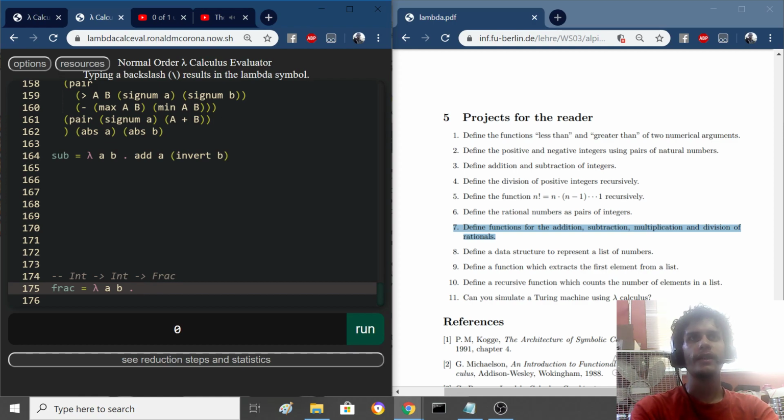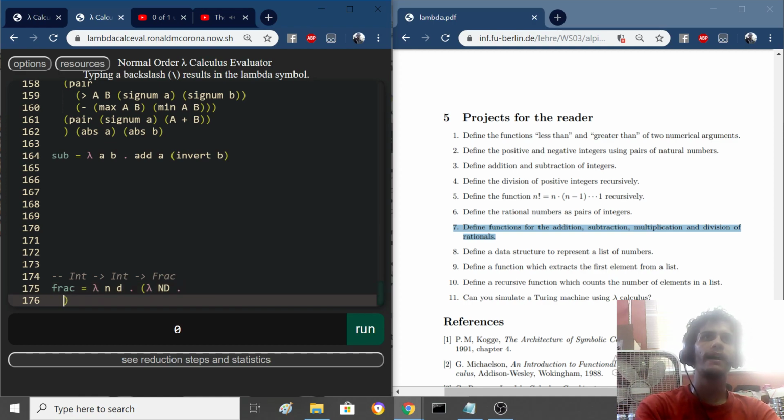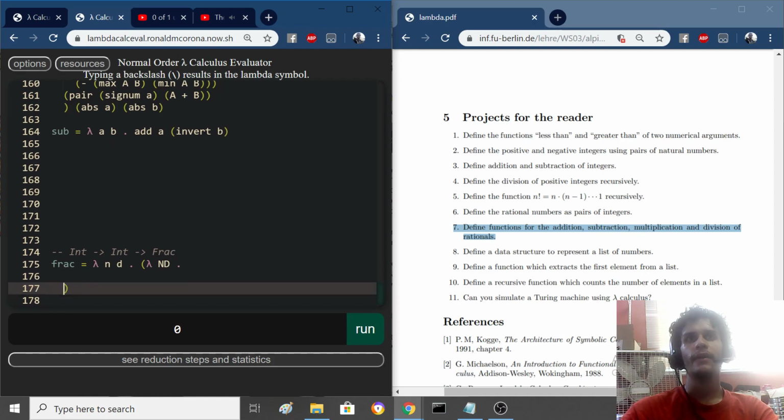Okay, so the first thing, why don't I call it n for numerator, d for the denominator. But okay, this nd is going to be a pair of the new numerator and the new denominator, because I'm going to go ahead and simplify this numerator and denominator.